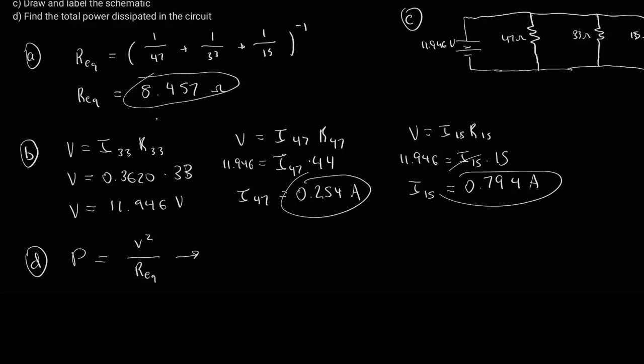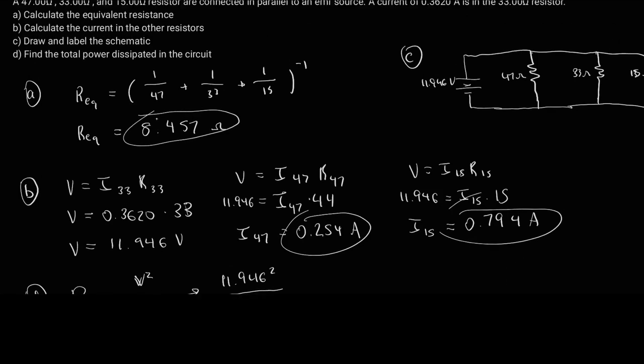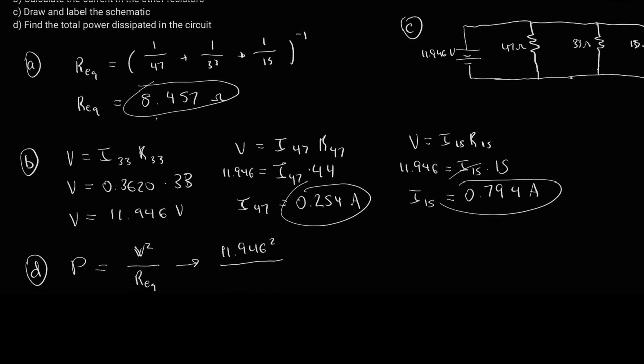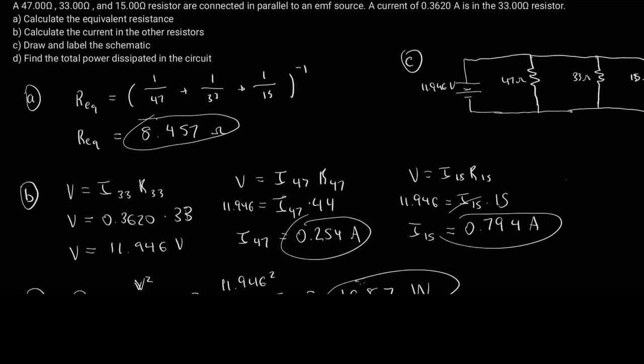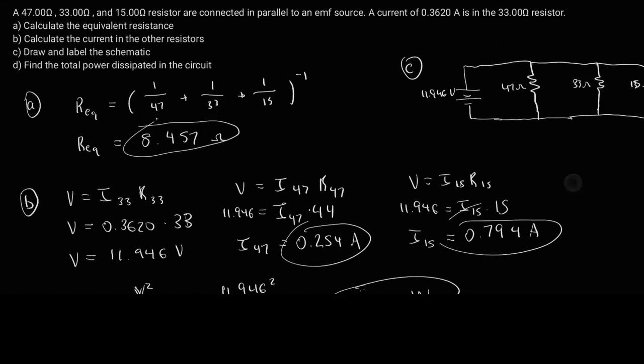Because our voltage is constant, we can use the voltage that we found: 11.946 squared over the equivalent resistance, which we found in part A, 8.457. That equals 16.87 watts. So that's this entire problem done.